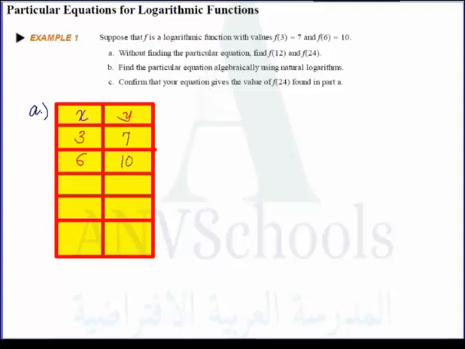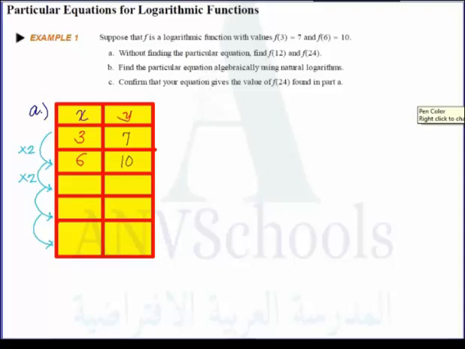And now we have to look for specific patterns. For the x values, notice that this is multiplied by 2. Therefore, the corresponding cells would also have to be found by multiplying the previous value of x by 2. So we multiply 6 by 2. That will give us 12, right?